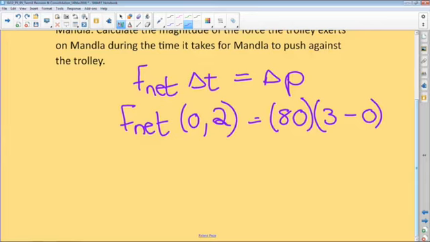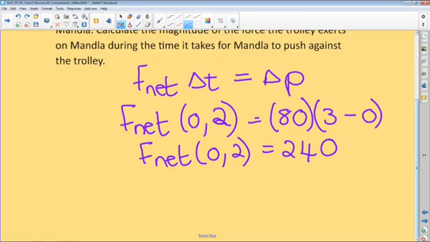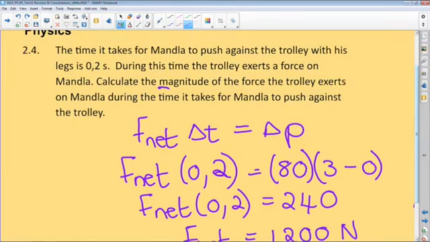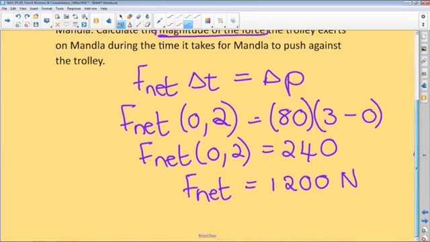So this means we're going to have F net times 0.2 equals 3 times 80, which is 240, which we're then going to divide by 0.2 on both sides, and we get F net is 1200 newtons. But it's a force, and they said calculate the magnitude. That means we don't need direction, but if we did need direction, it would be towards Mandela, or to the right. The right would probably be better.